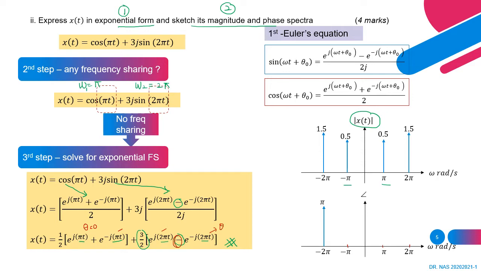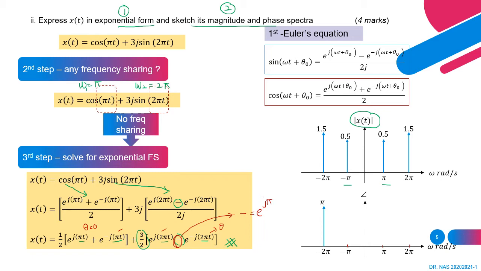To convert the negative sign, if you recall back in the first topic of the second chapter, I think the last page in the first lecture notes, when you have a negative, it is equivalent to e^(j pi).